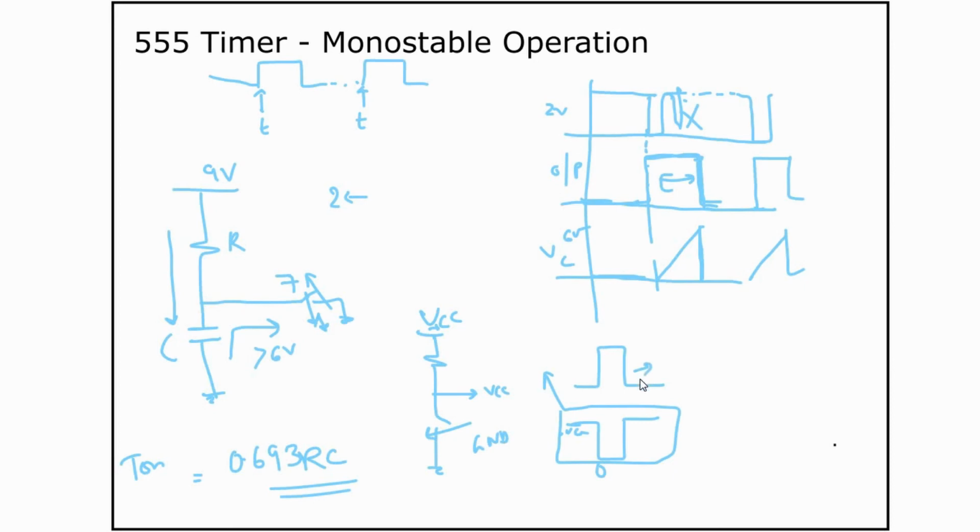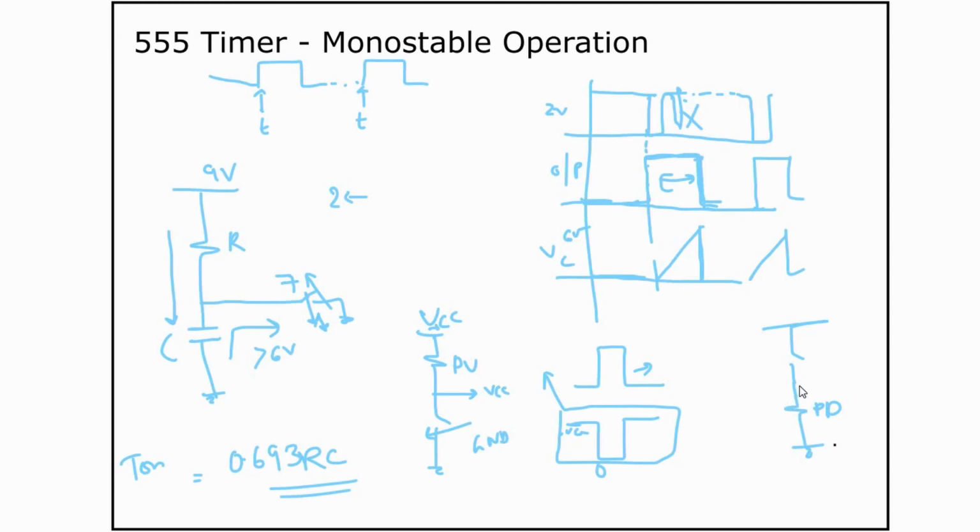If you want this kind of a waveform, what you can do here is put the switch at the top and use a pull-down resistor. This is called a pull-up resistor, and this we call a pull-down resistor. You can ground it.